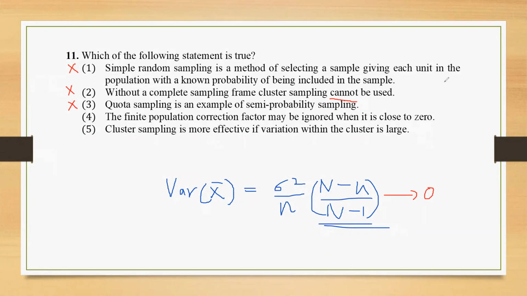In such a situation, are we going to ignore the factor? Is it correct? No, it is not correct. There are some times we can ignore it. What is that time? If the finite population correction factor is close to 1, then there is no change for the variance.